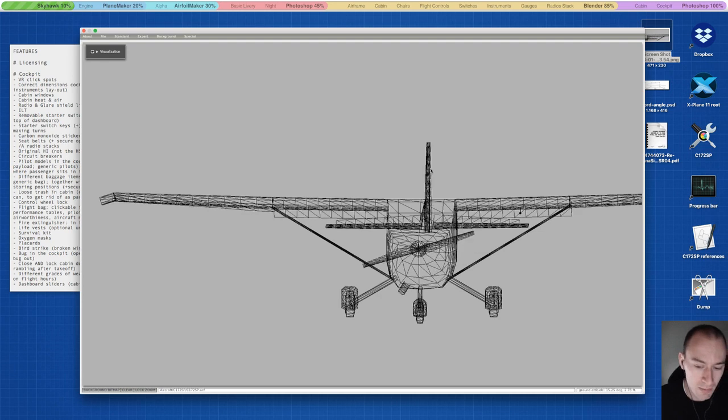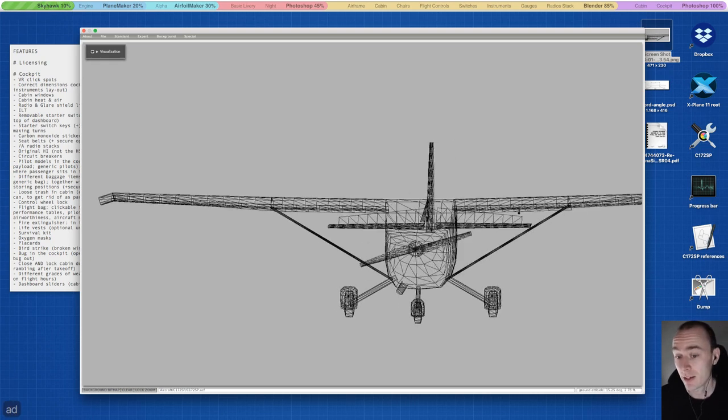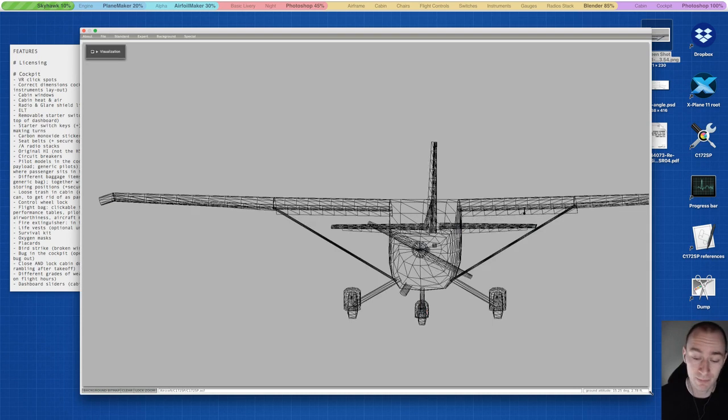I've also seen many streams of his where he is doing all kinds of evaluations of already existing aircraft in X-Plane and assessing the flight model with the performance tables and optimizing those aircraft so that they fly much more realistically, which is really cool to see, but still something that I'm quite unfamiliar with.